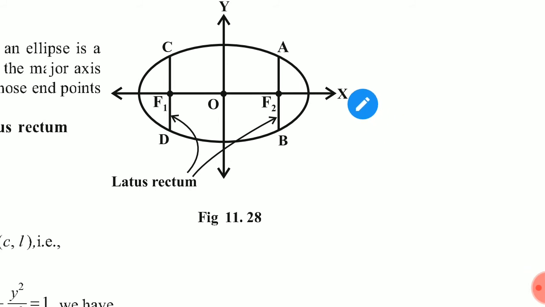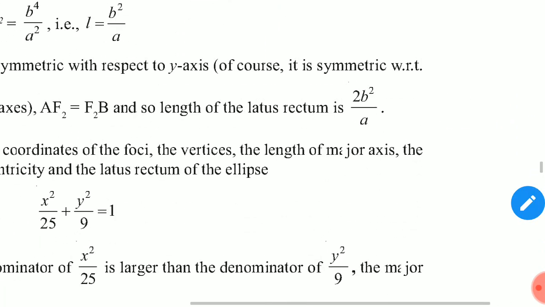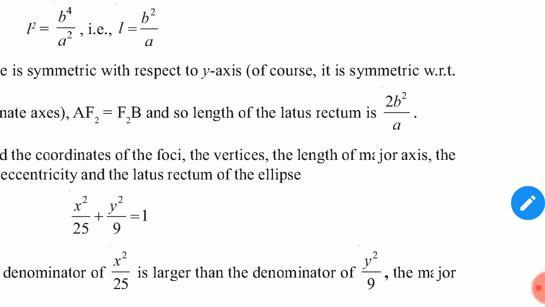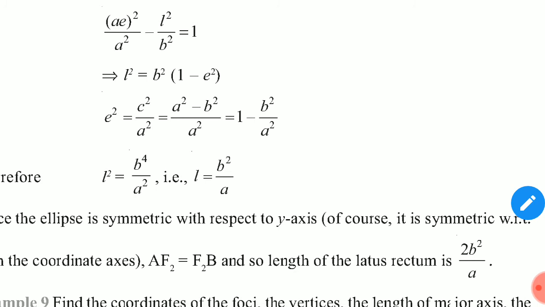So AF2 is B square upon A, and F2B is also B square upon A. So the total distance AB, meaning the length of latus rectum, is always equal to 2B square upon A. This length formula you have to remember always: 2B square upon A. This is the length of latus rectum of an ellipse.